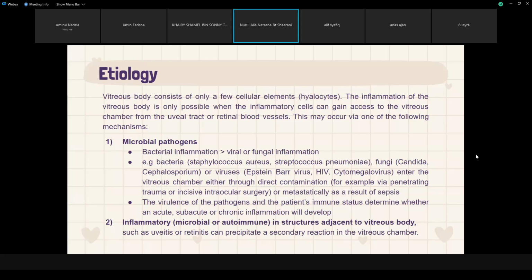For the microbial pathogens, bacterial inflammation is more common than viral and also fungal. Examples of bacteria include Staphylococcus aureus and also Streptococcus pneumoniae.